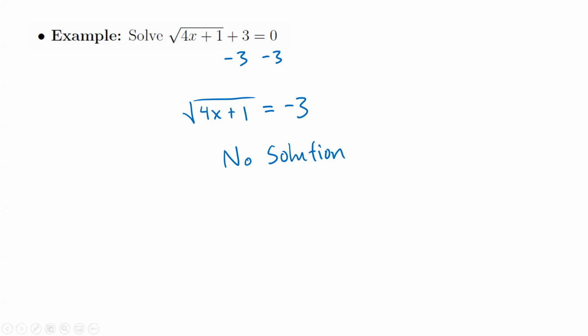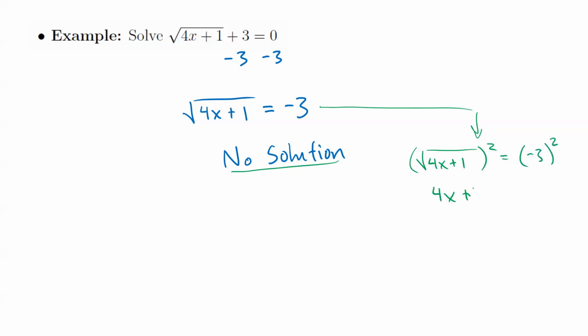Now, let's suppose we're working through these problems quickly and you just didn't notice. If you ever see a square root equals a negative, you can immediately go to no solution. But suppose you didn't notice and you went ahead and squared both sides.